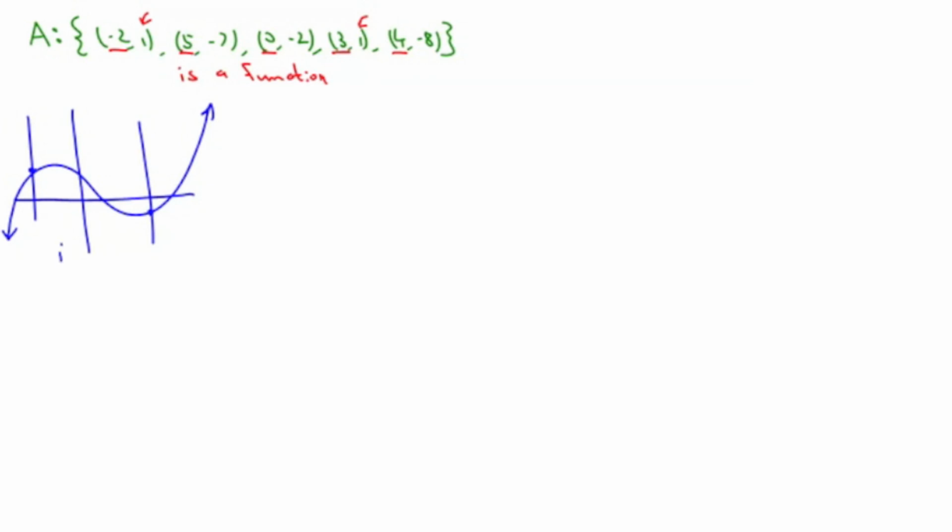So this is a function by the vertical line test. You have to tell me that. You can't just guess it's a function or it's not. You have to tell me why or why not. V line hits only once. Otherwise, you're just guessing, and I don't take guessing.